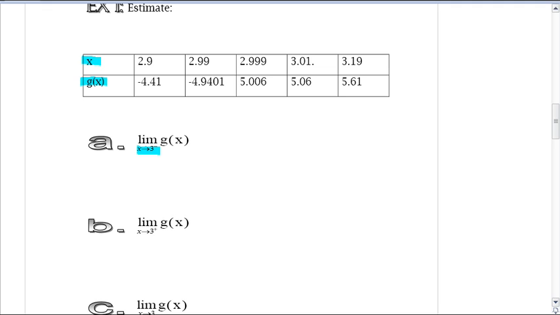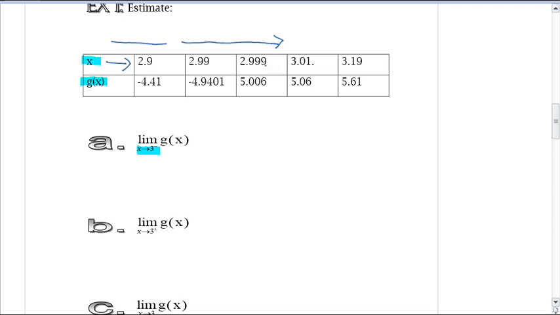Let me grab Mr. Blue here. We're approaching here. And if I'm approaching from my left, this is my left hand side, here I go. I'm continuing on, and I'm going to stop before I hit 3.01 because I'm approaching 3.